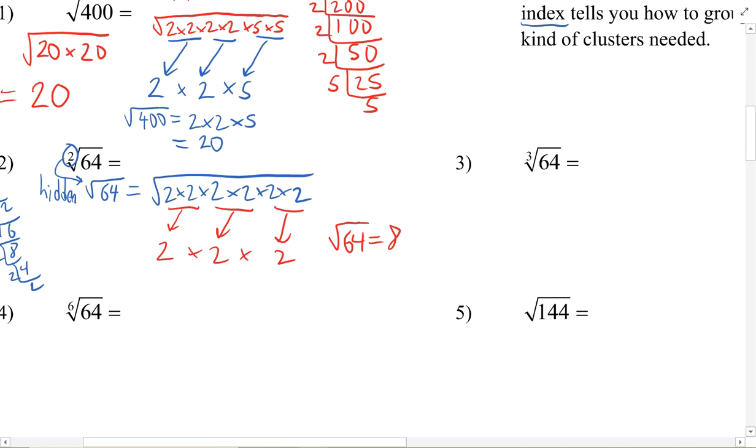Now we have the exact same number, but our index is 3. So we're not looking for groups of 2. What we're looking for is groups or clusters of 3 same numbers.